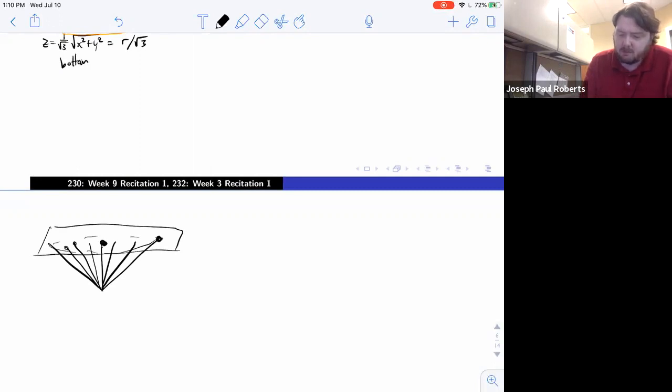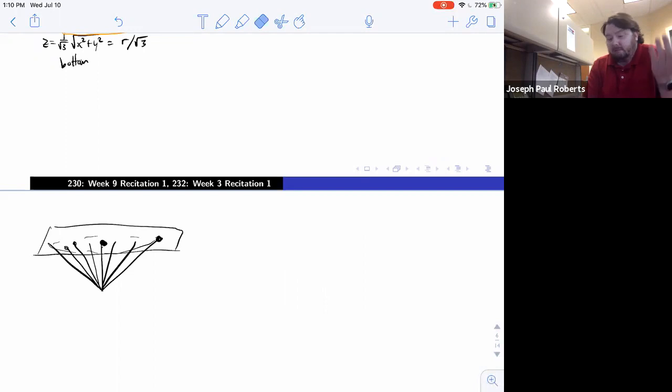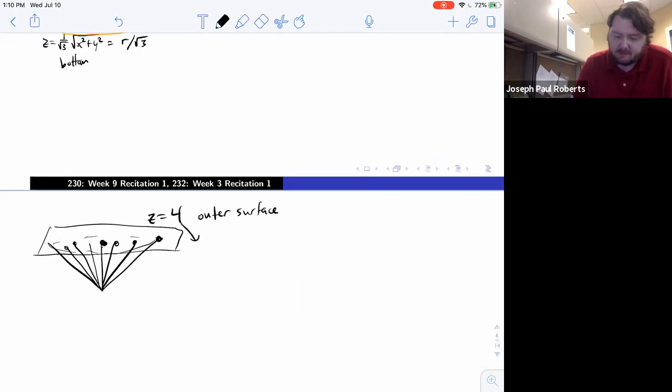It's only when you're stopping at a sphere centered at the origin that rho stops at the same value at all these different angles. That's when spherical is fantastic. But when you're stopping on not a sphere, but something like a plane, z equals 4, this outer surface has a slightly messier equation in spherical.